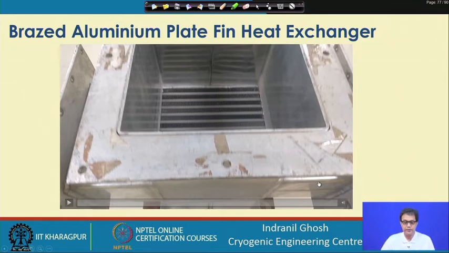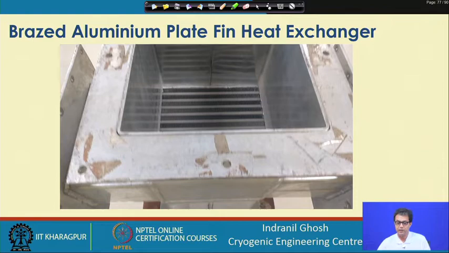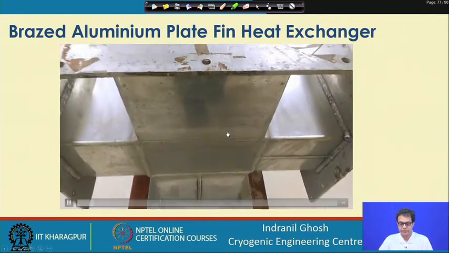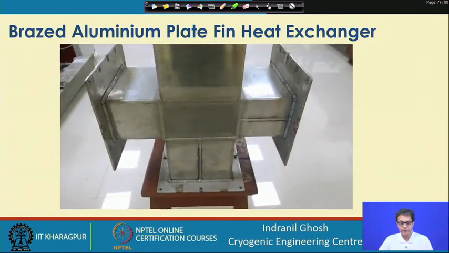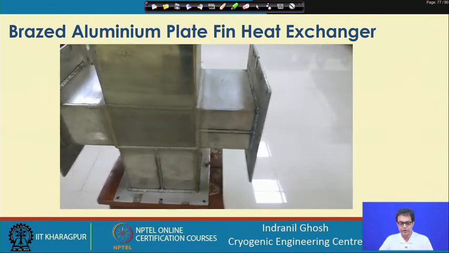So, this is a typical brazed aluminum plate fin heat exchanger. We can have a look into this small video. This is a brazed aluminum plate fin heat exchanger.